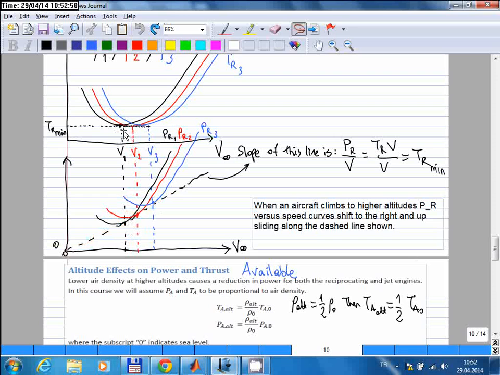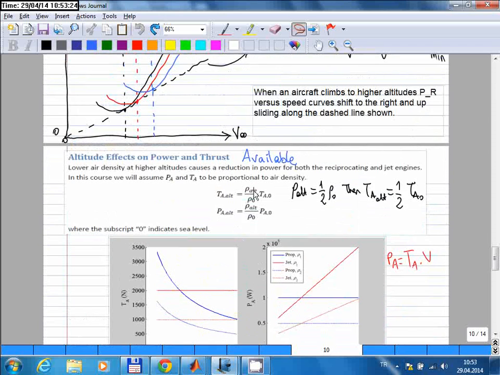Also the slope here, the tangent of the angle here, gives you the minimum thrust required value. And since the minimum thrust required value doesn't change, that means the slope doesn't change. So from here you can also conclude that at different altitudes the power required curve slides along this line here.